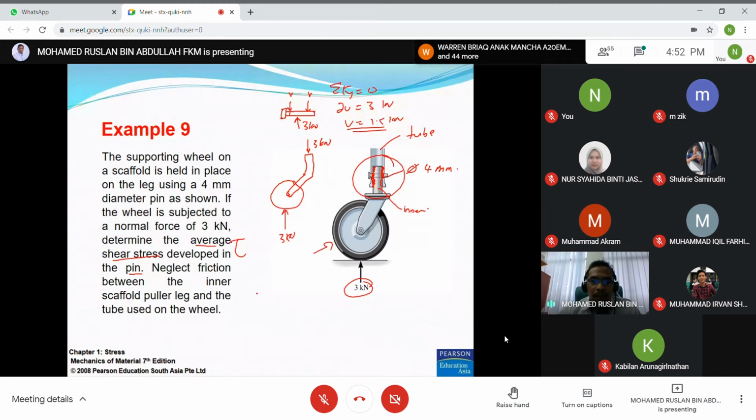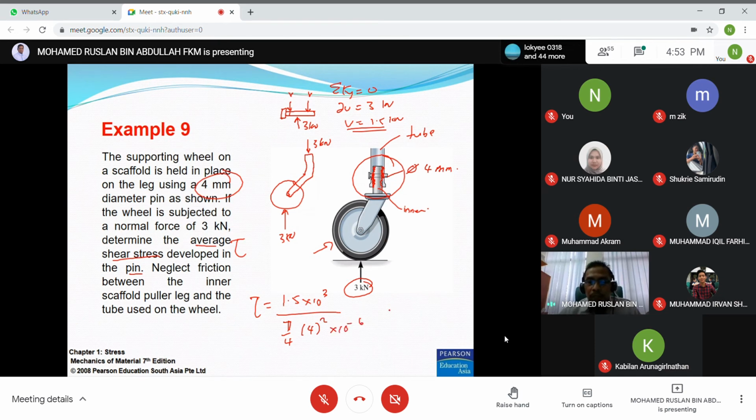So tau equals V, where V equals 1.5 kilonewton, divided by the area. Area for the 4 millimeter diameter is pi over 4 D squared, with D as 4 millimeter, so times 10 to the minus 6.